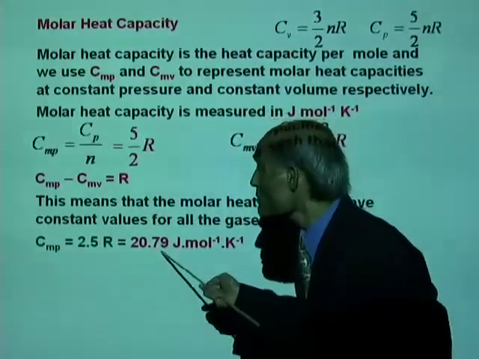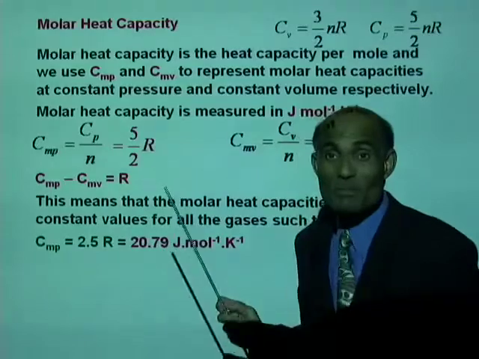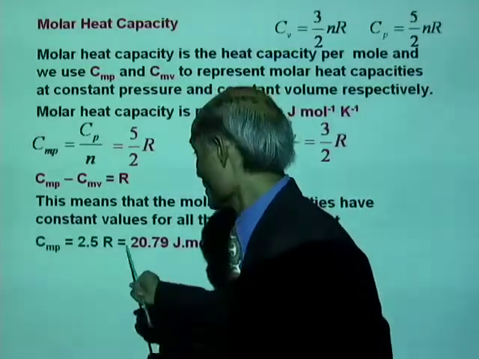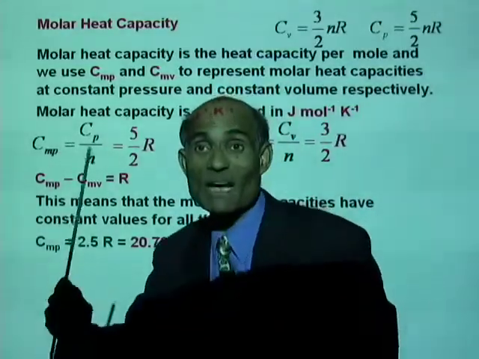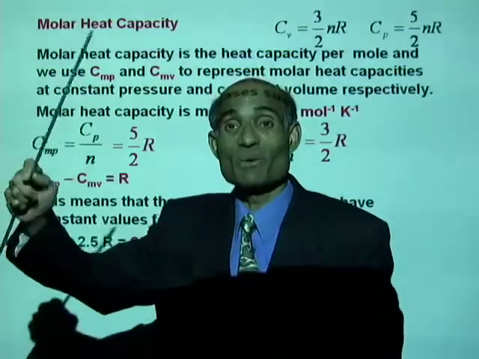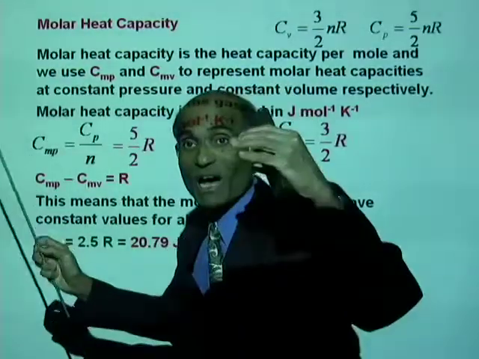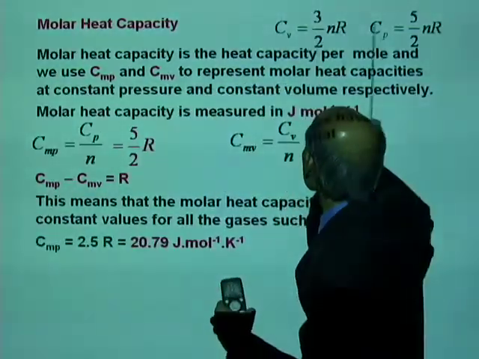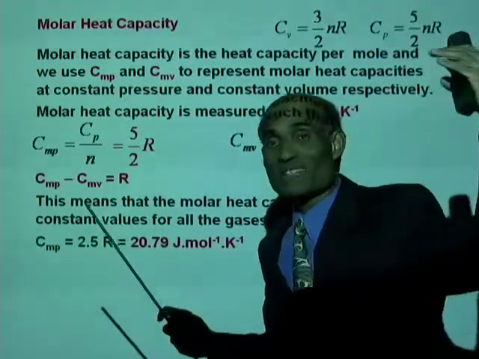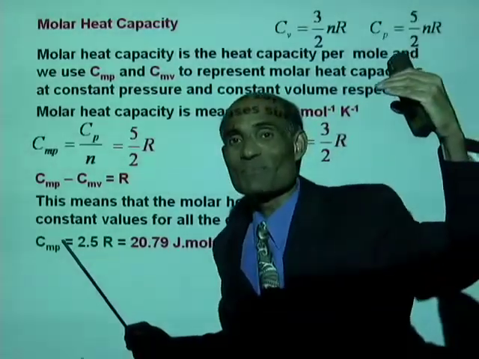Now, this is the theoretical value. What is the meaning of that? Well, assuming that our assumption is right. All these are based on our assumptions. You see, these results are based on the assumptions we made in kinetic theory.